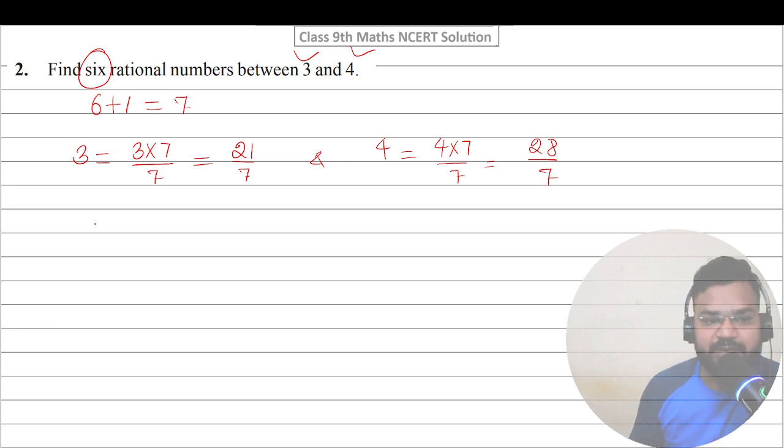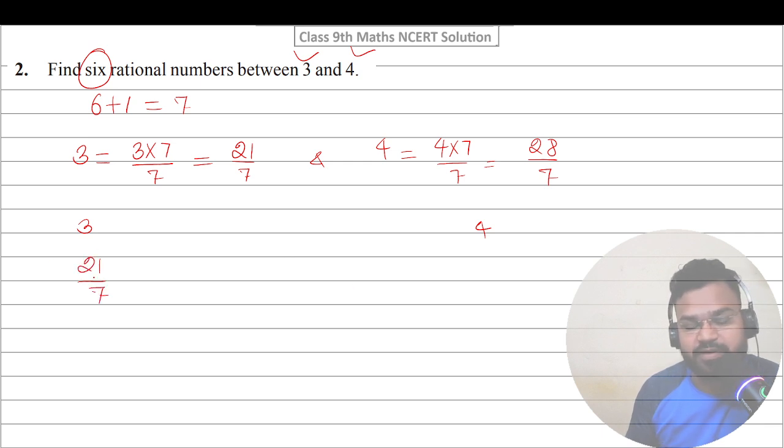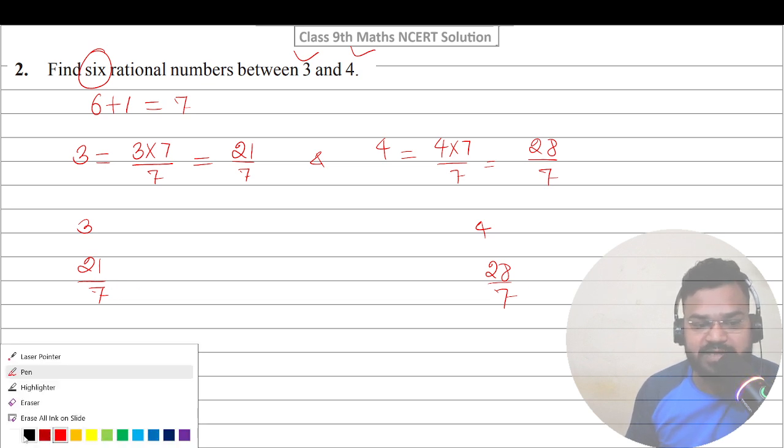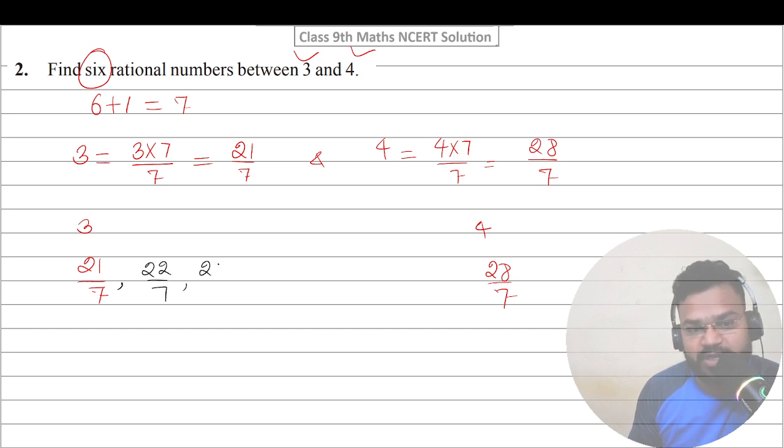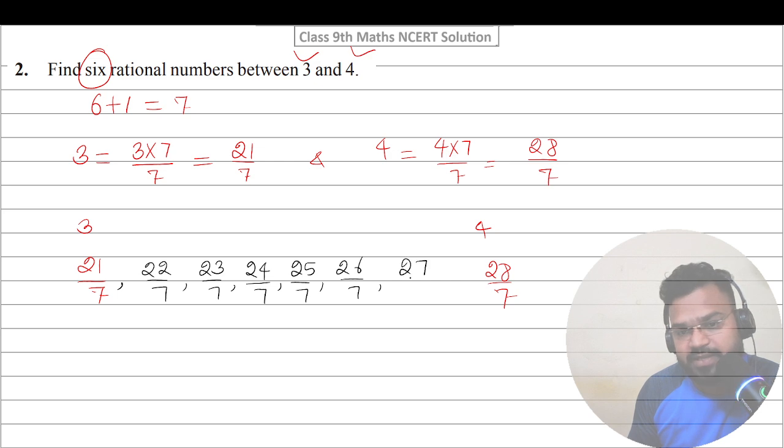Yes or no? That means finding 6 rational numbers between 3 and 4 is the same as finding them between 21 by 7 and 28 by 7. Now between 21 by 7 and 28 by 7 there are so many numbers you can insert, like 22 by 7, 23 by 7, 24 by 7, 25 by 7, 26 by 7, and 27 by 7.